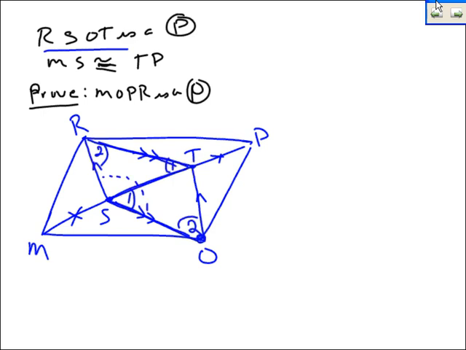So this big angle and this big angle are equal. Well, they're partitioned. They both have angle 1. So the rest we'll call angle 3. So those two angles are equal. Okay. So now, since this is a straight line, angles 3 and angle 4 are supplementary. The same thing over here. Angle 4s are equal to one another.